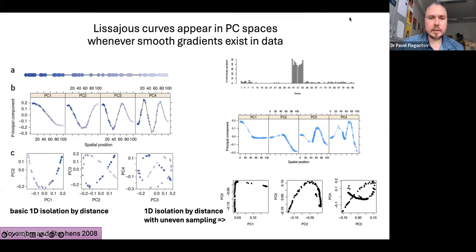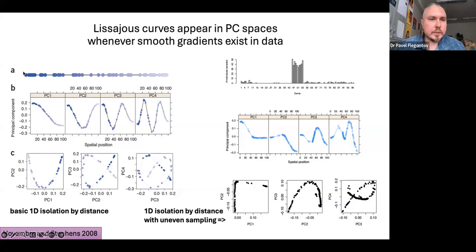Now let's move on to very simple isolation by distance or stepping stone landscapes, namely one-dimensional landscapes, for example, explored in this important paper published a long time ago in 2008 by Novembre and Stephens.